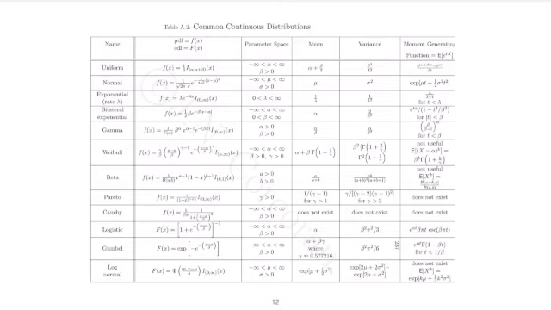But I wanted to focus in on something that shows up in some of the PDFs listed on this table. So let's zero in for a minute on the exponential distribution, which hopefully you remember from your prereq course. But you may not have seen the PDF of the exponential written in quite this way.